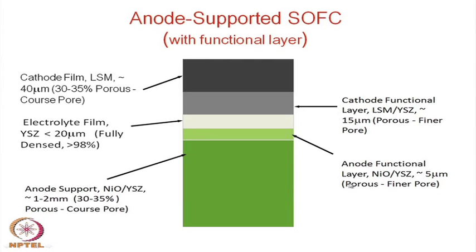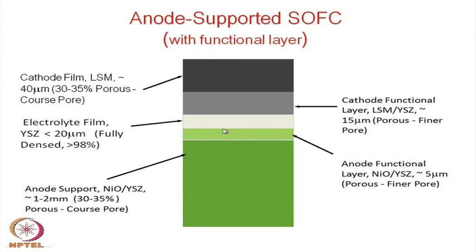One can have NiO here, and under the reducing condition it will finally go to Ni, because NiO is not that stable in the presence of hydrogen. So, NiO will get reduced to Ni. Finally, it becomes Ni YSZ, just like the composition of the original anode material, but more importantly it has a finer pore size. So, it has once again a gradient of pore size, from coarser pore to finer pore.